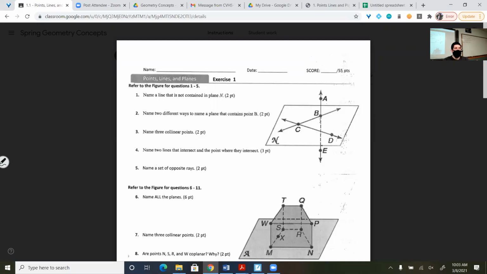Technically, I can call it line BE as well, because there's only one line that goes through 2 points, so AE is the same thing as BE. And AE and BE are the same thing as line AB. So this one line, because it has multiple labeled points, now has multiple names. So again, line AE, line AB, line BE are all the same.